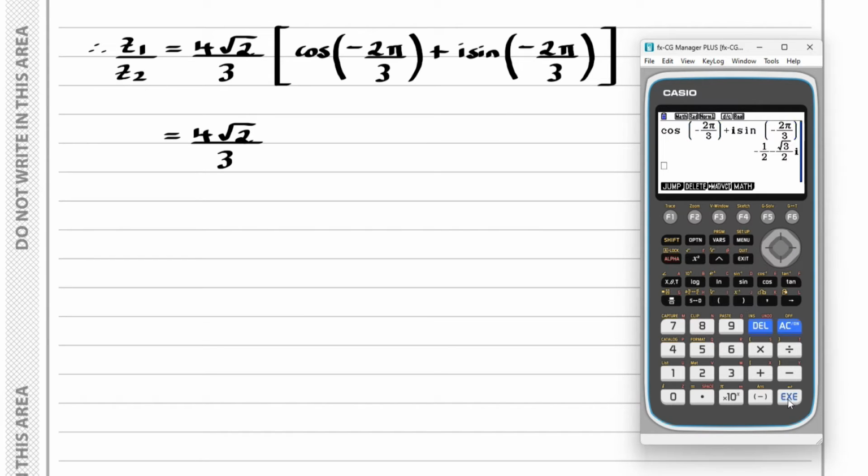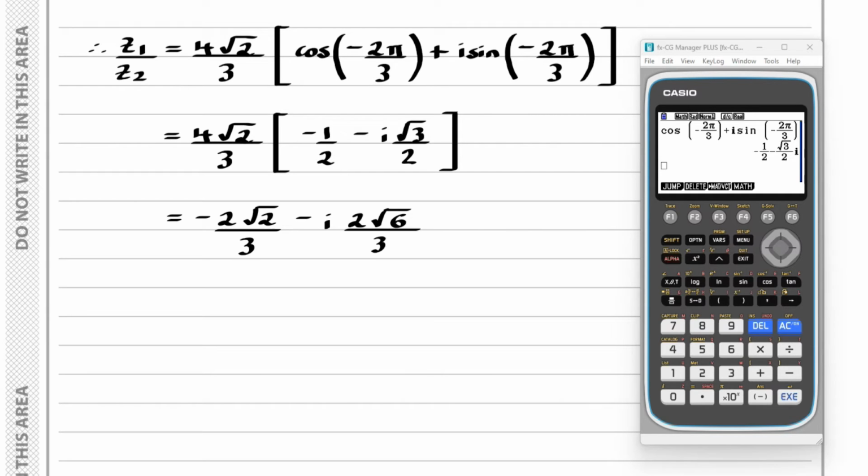Working this out, we multiply 4 root 2 over 3 by negative 1/2, subtract i multiplied by root 3 over 2. And if I expand the brackets and simplify, you will find z1 over z2 to equal negative 2 root 2 over 3, subtract i multiplied by 2 root 6 over 3.